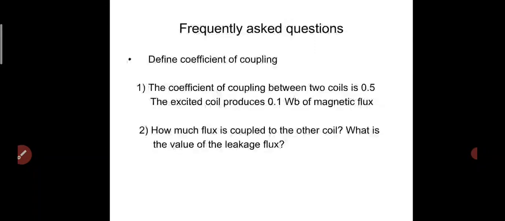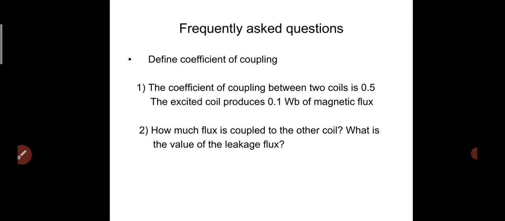The frequently asked questions. First one, define coefficient of coupling. Second one, the coefficient of coupling between two coils is 0.5. The excited coil produces 0.1 Weber of magnetic flux.